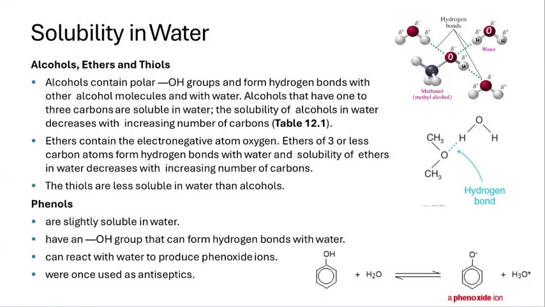When it comes to thiols, understand that they have a similar trend to alcohols, but thiols tend to be less soluble in water than alcohols. In general, we think of thiols having 2 carbons or less as being soluble in water, but most thiols are just slightly soluble or insoluble in water.